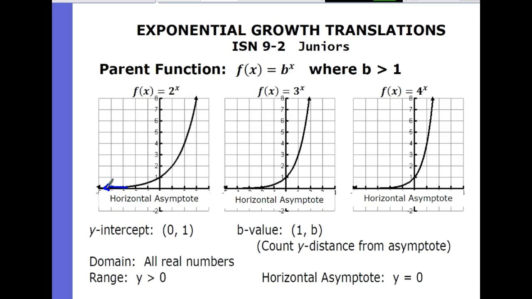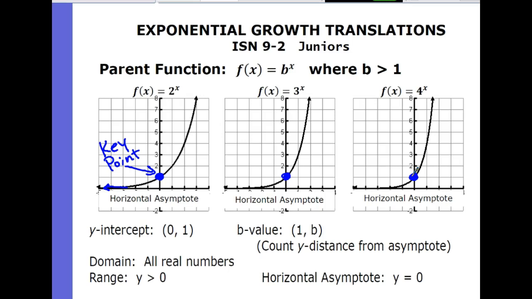Now, pick up your pencil. This point right here is a very important point. It is a key point. I need you to color that in with your pencil. I'm going to be talking about a key point, and this is the key point that I am talking about.